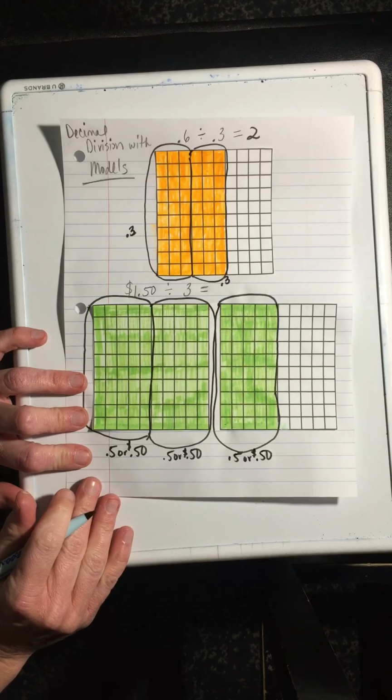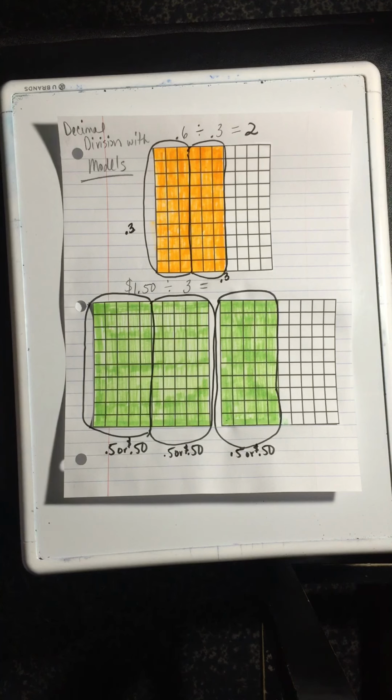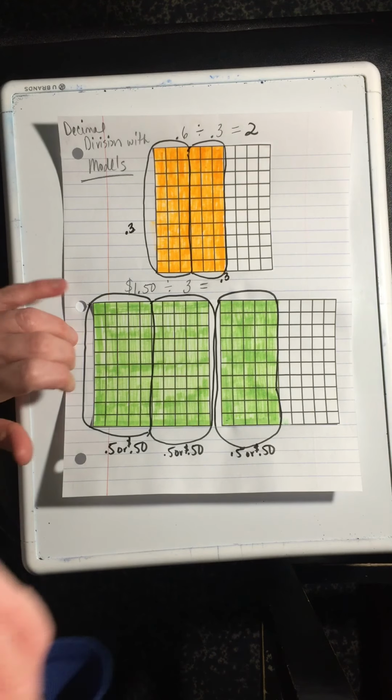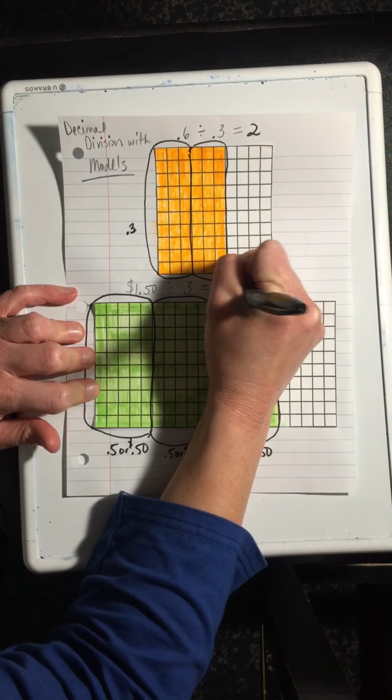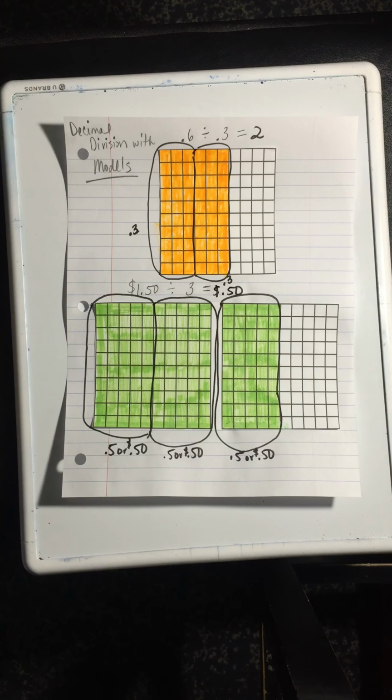They're equivalent. I can always talk about decimals in a sense of money, because I can write money as decimals. So if we were to cut $1.50 into 3 equal groups, the quotient to this question is 50 cents or 5/10, 5 dimes in each group.